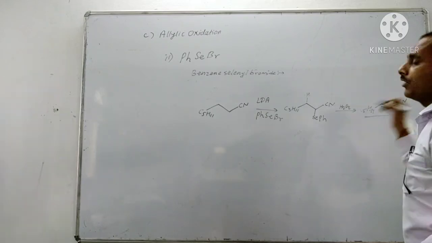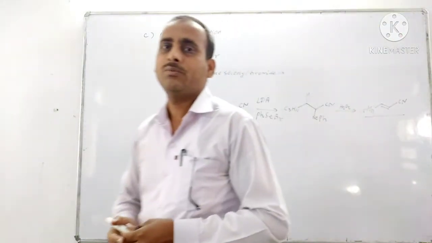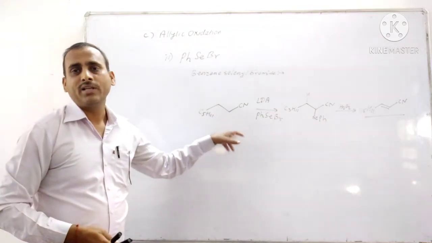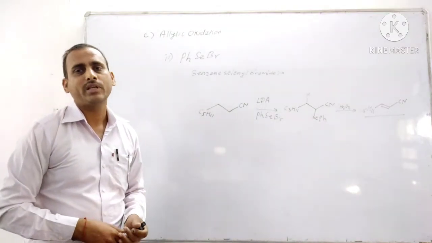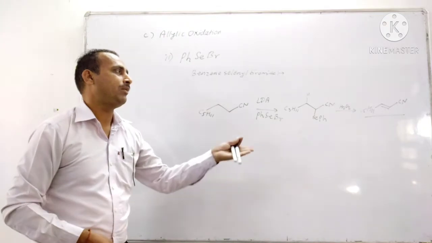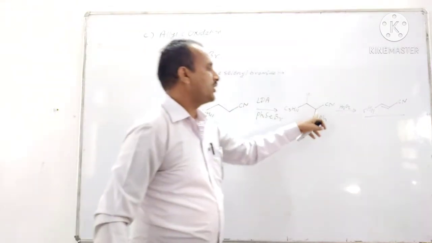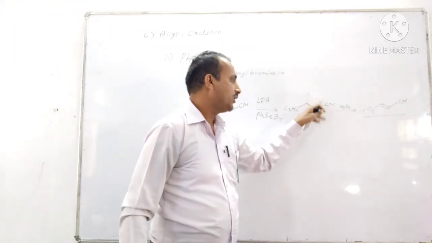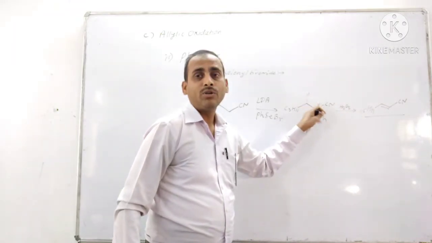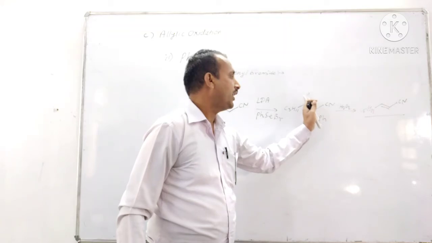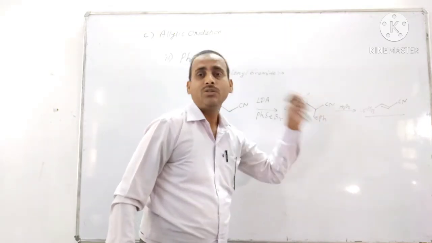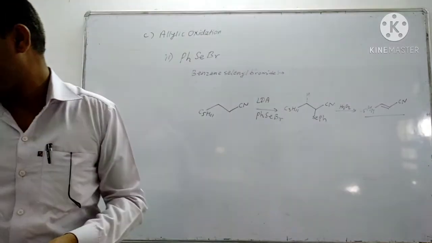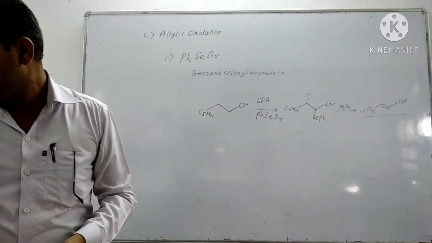So this type of compound is formed from the carbanion attack on selenium, bromide minus gets eliminated, and again oxidation of this selenium to form the selenium oxide by H2O2, and again the removal of this selenium oxide and hydrogen from the beta position to form the alpha beta unsaturated cyanide compounds.